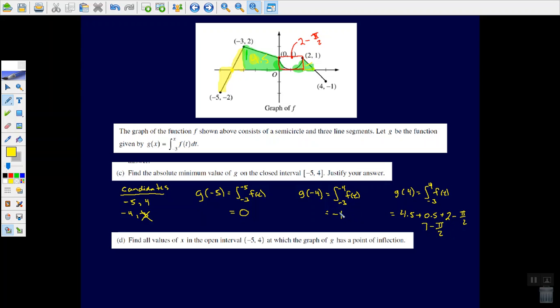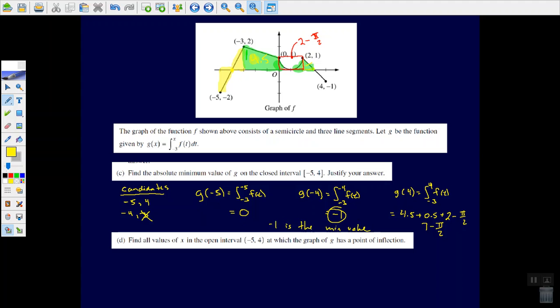So that would make negative 1 the minimum. I believe it is because pi over 2 is just barely bigger than 1. So this is going to be for sure a positive answer here. So the absolute minimum value is going to be negative 1. Okay, so negative 1 is the minimum value.